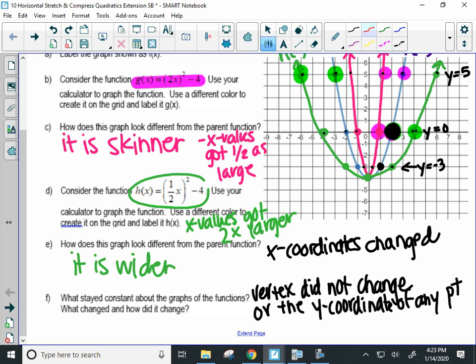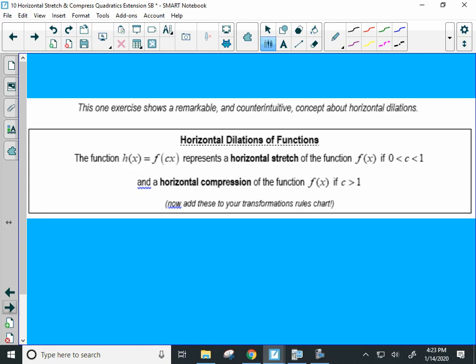Well, that shows us a kind of odd feature for these graphs, for horizontal stretches and compressions, or horizontal dilations. It's kind of tricky. If I have a function where there is a number inside the parentheses right in front of the x, like our graph, 2x squared in the parentheses, you're going to have a horizontal stretch, which means you're getting wider, if the value of c is in between 0 and 1.